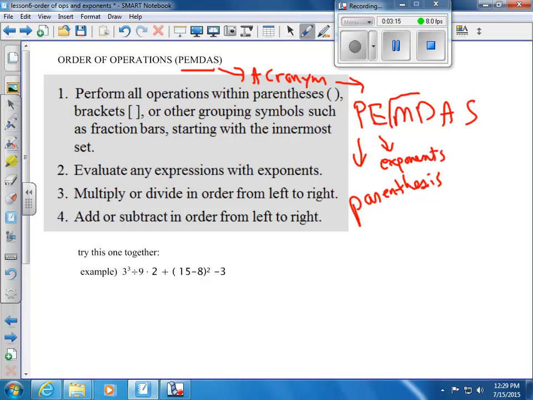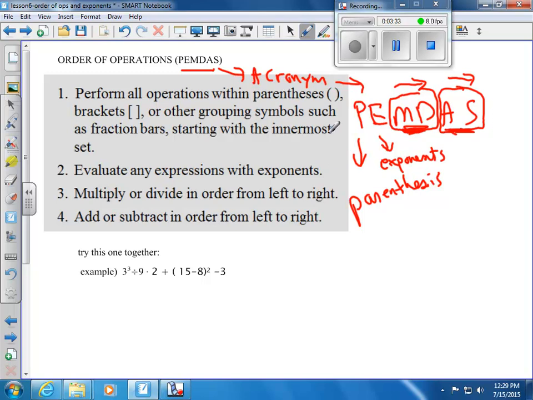And then when you see multiplication or division, you move left to right, and you move left to right over addition or subtraction. But the main gist is that multiplication and division dominate addition and subtraction, meaning they must be done first.